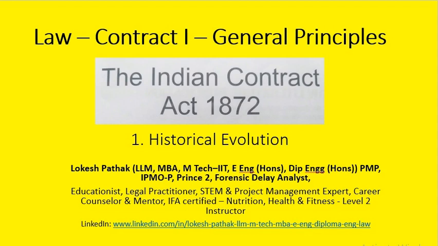Then we have seen that it had no contradiction with Article 13(1), and that is why the 1872 Contract Act is still prevailing even after the enactment of the Constitution in 1950, because of no inconsistencies with the Constitution of India. Then we have seen the traditional way of contracting from the Roman Empire, then the Muslim law period, coming to Hindu law, and ultimately what happened in India in the British era, which gave birth to this act.